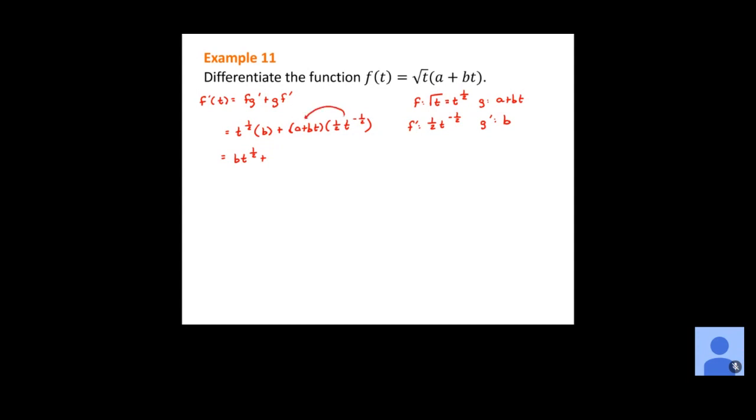Basically taking everything in this set back here and distributing it to each of those terms there.